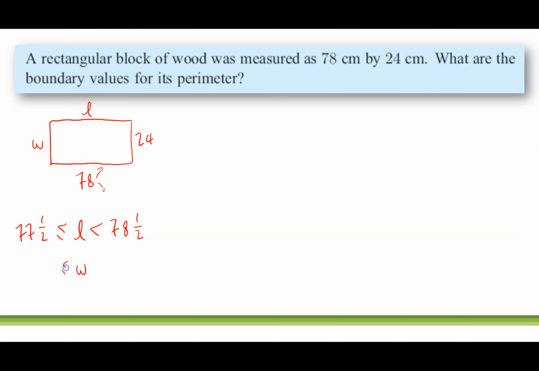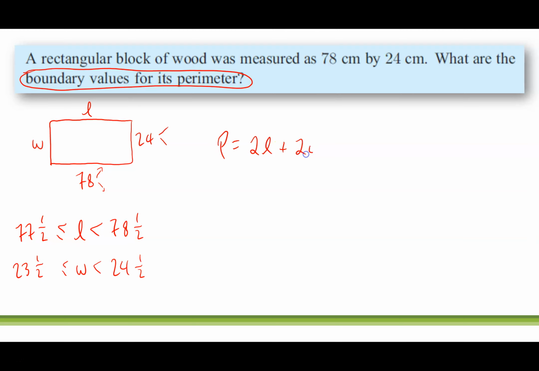If I was dealing with the width, I would say that it is 23 and a half at its smallest and 24 and a half at its biggest, because that's plus a half and minus a half of the most accurate that we have in those measurements. So now we want to know what are the boundary values for its perimeter. Well, let's remind ourselves the perimeter is twice the length and twice the width.